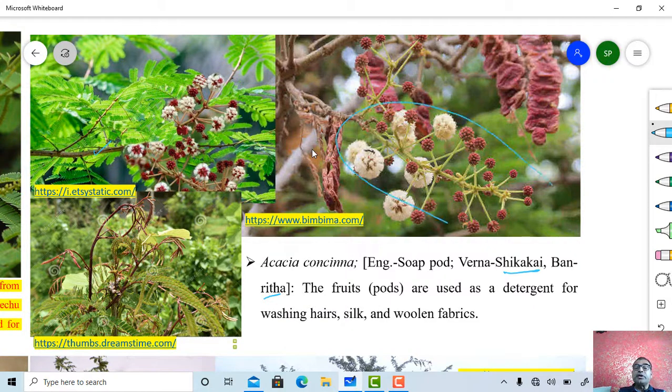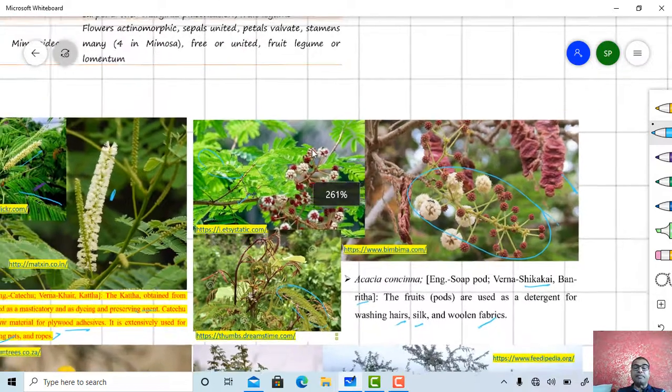This one is an inflorescence, while these are the legume or pod type of fruits. Just see the nature of the leaves. These are again pinnately compound type of leaves. So these Acacia concinna pods are used as a detergent for washing hair, silk, as well as woolen fabrics.